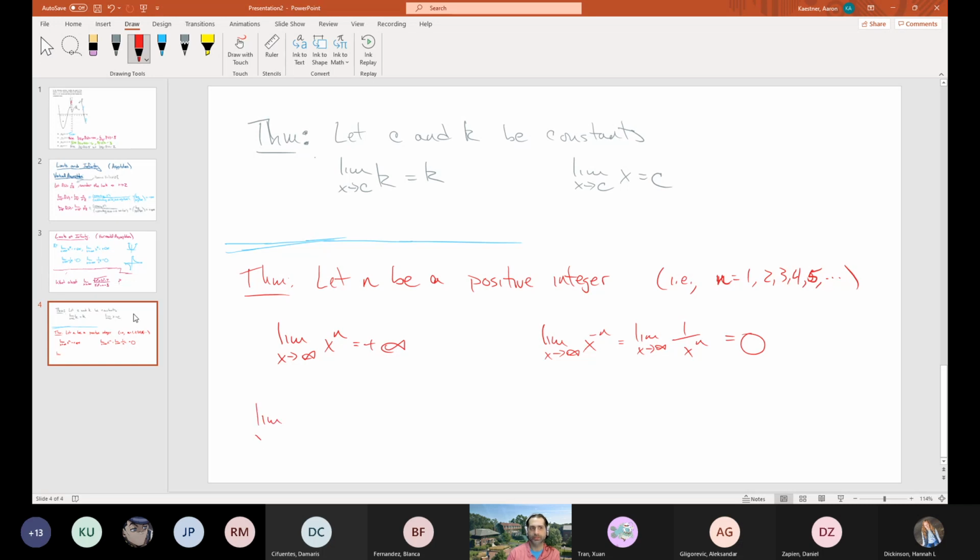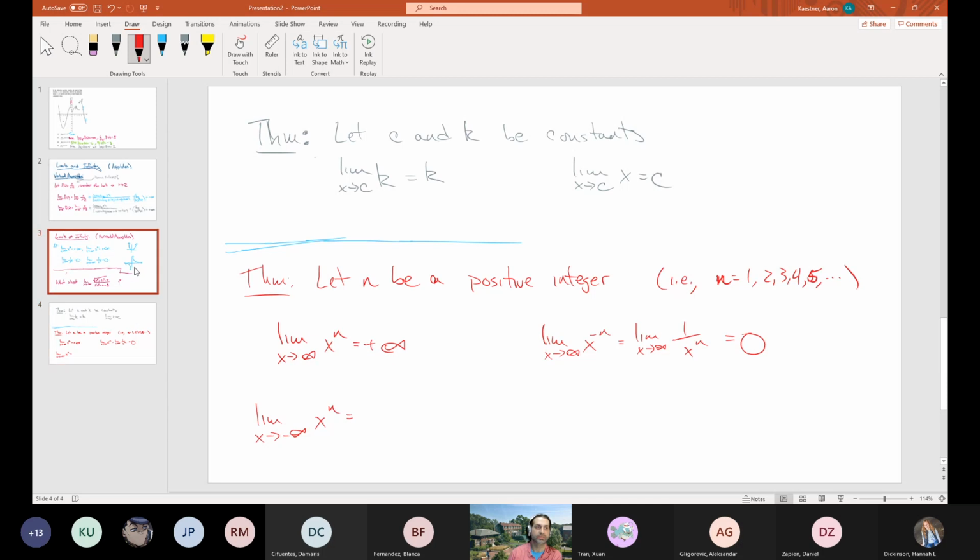If, however, we start looking at negative infinity, we have to be a little bit more careful. Because now, letting x go to negative infinity, I'm plugging in bigger and bigger negative numbers, and I have to be careful with my exponents.